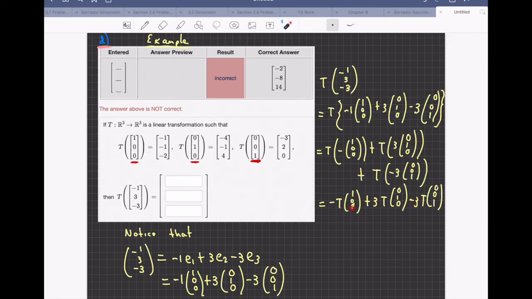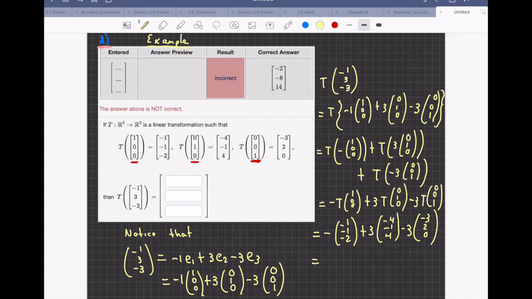So now I have T of 1, 0, 0, T of 0, 1, 0, and T of 0, 0, 1, but I have the value for each of these vectors. So this becomes negative (-1, -2), plus 3 (-4, -1, 4), minus 3 (2, 0).